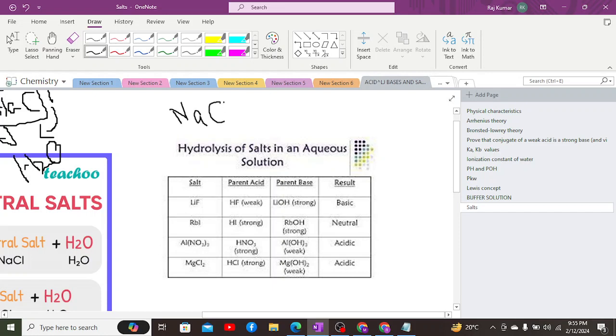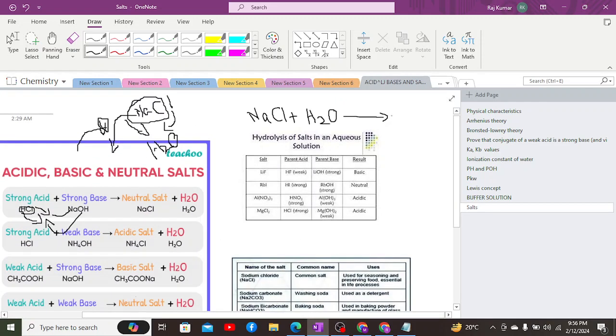When we add water to it and perform a reaction with water, it converts back from its ionic salt form to its acidic and basic parts, such as it forms sodium hydroxide and HCl.